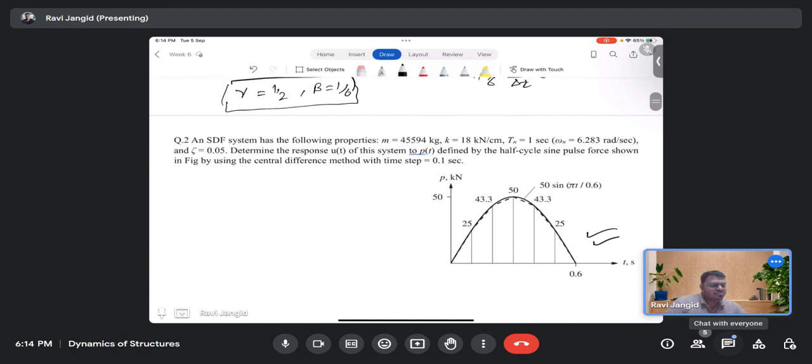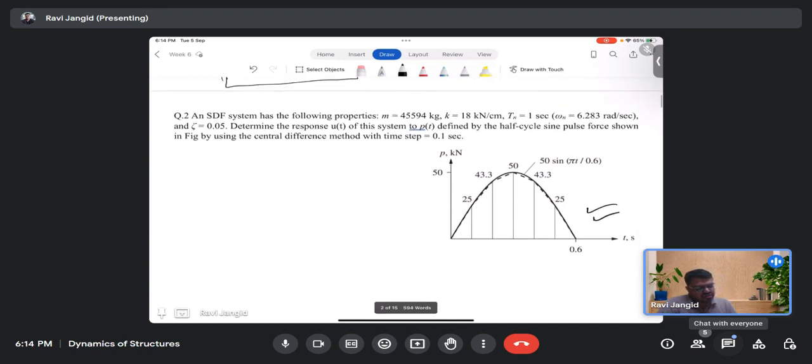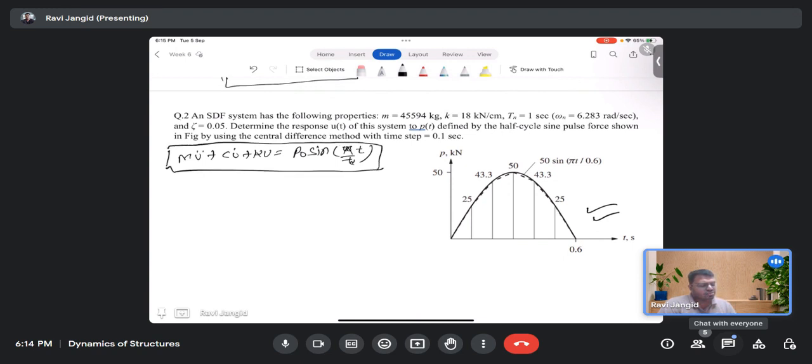Like for the equation m u double dot plus c u dot plus k u equal to p naught sine pi t over t d, or you can write it as sine omega t.